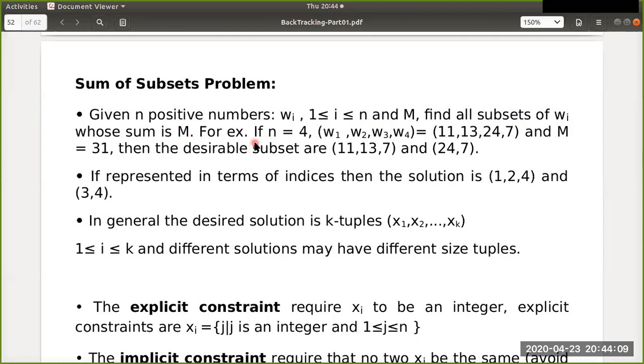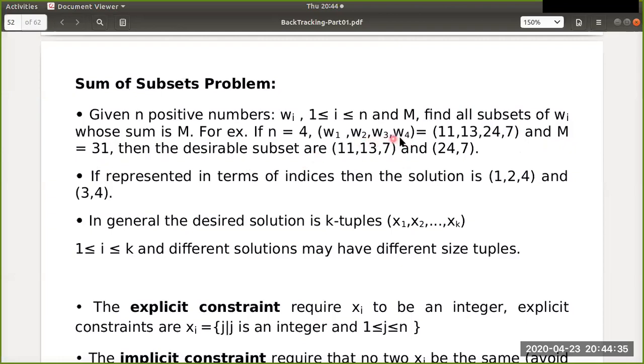For example, here the number of items is 4, and the weights are W1, W2, W3, W4. The weight of the first item is 11, the second item is 13, the third item is 24, and the fourth item is 7, and M equals 31.